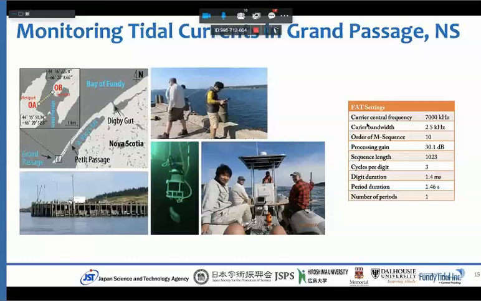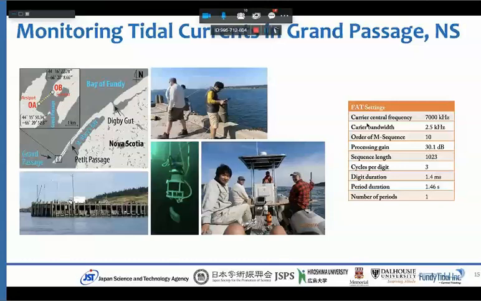So the current challenge in the industry is to find the best sites for installing the turbines. But how can we find the best sites for developing tidal energy? The answer is that we need to figure out where they have the highest currents. But you cannot just do it for a short time, because if you put a tidal turbine in the water, it means you have already spent millions of dollars.